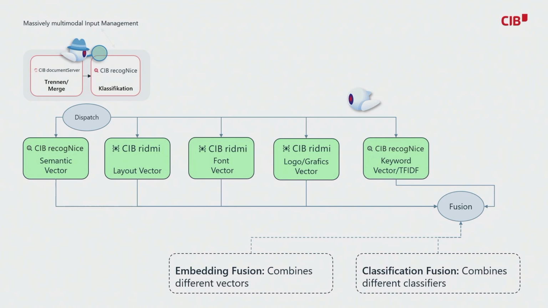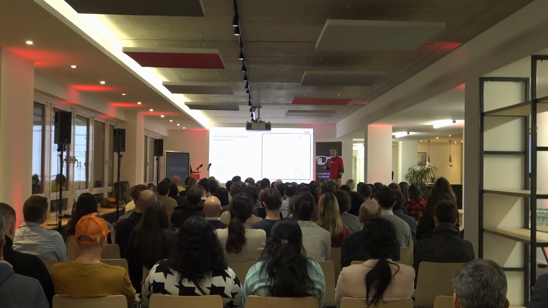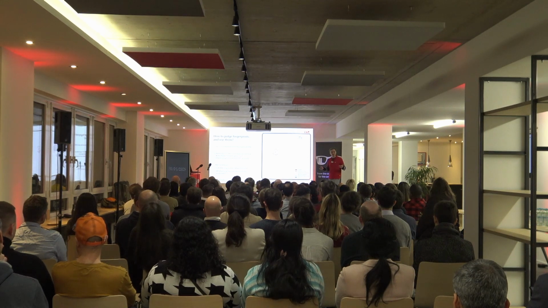This leads then to a question: how can we make sense of these vectors? And I try to make sense of these vectors with a customer data set here, where the customer doesn't have that many documents that are labeled, because labeling documents is a lot of work.